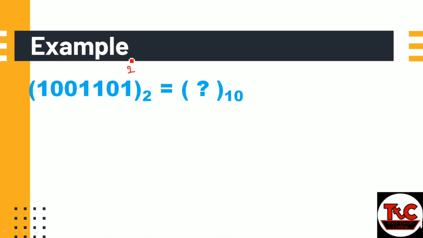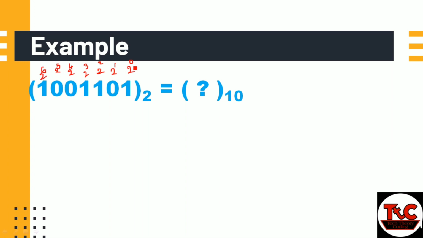Assign 2's power to each given digit: 2 to the power 0, 2 to the power 1, 2 to the power 2, 2 to the power 3, 2 to the power 4, 2 to the power 5 and 2 to the power 6.